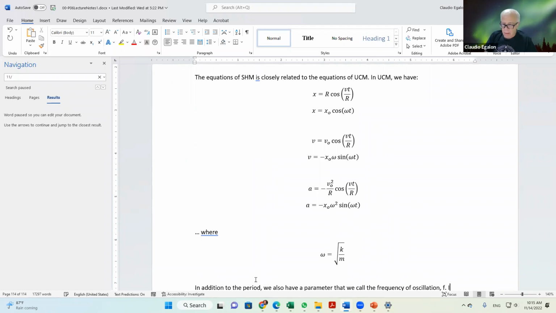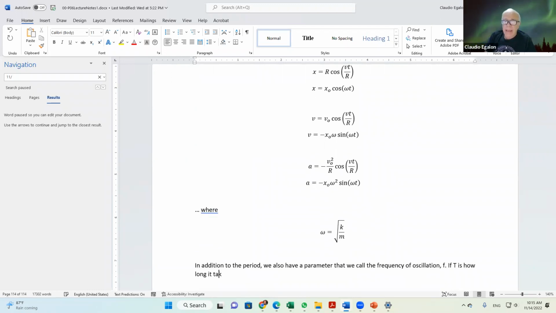If T is how long it takes for the object to undergo a complete oscillation, f is how many oscillations we have in a single second.